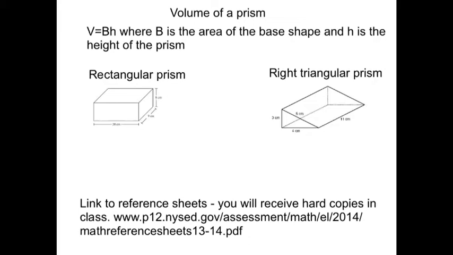Ladies and gentlemen, you have all, I believe, seen the very specific formula for finding the volume of a rectangular prism. It's volume equals length times width times height. We can relate that to volume equals the base area times the height, because length times width is the same as finding the base area.